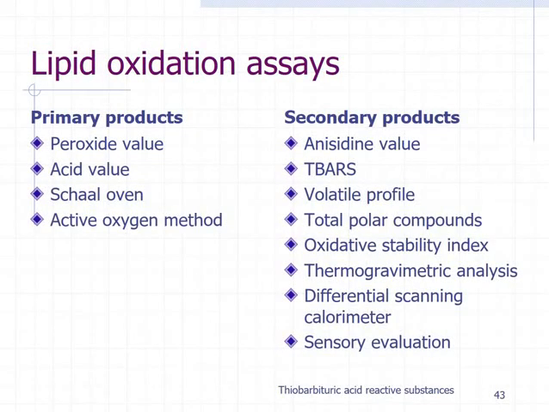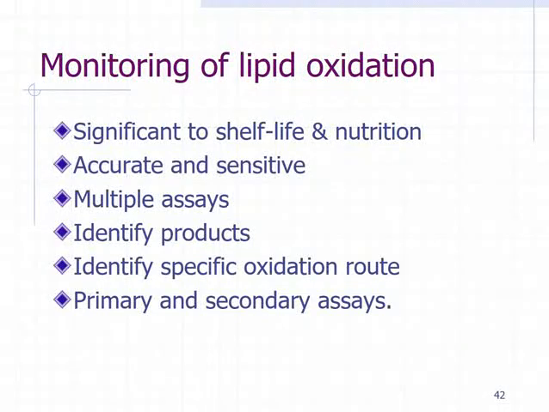So why do we monitor lipid oxidation? As we mentioned, lipid oxidation takes place during processing and then manifests itself throughout storage, and by the time you buy the product, you can taste the off flavors and see off colors. So it becomes significant in determining the shelf life of a food product that contains lipids.